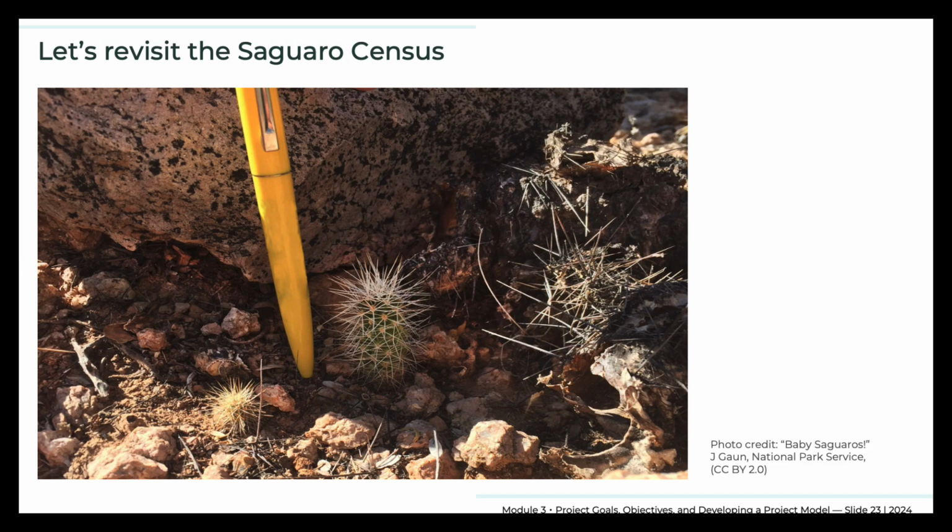For example, the results of the 2020 census confirm the patterns that emerged from the 2010 census. The large number of relatively young saguaros just beginning to reach reproductive age is a positive sign and reflects the survival of many saguaros that germinated throughout the park from roughly 1970 to 1990.